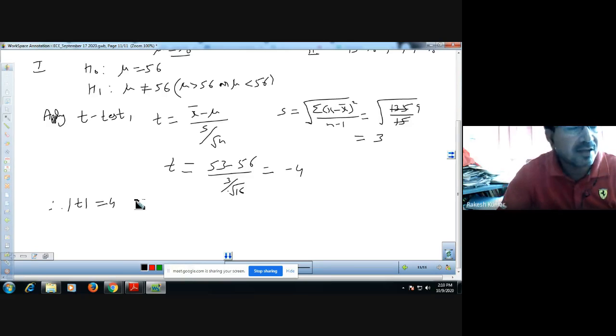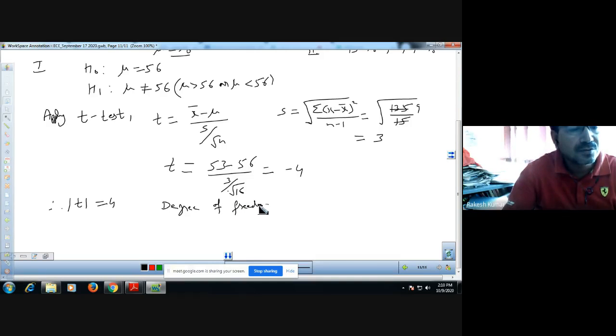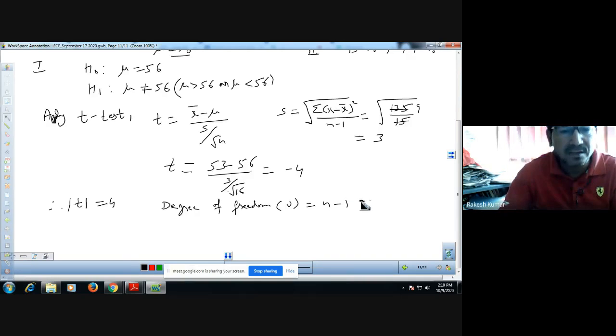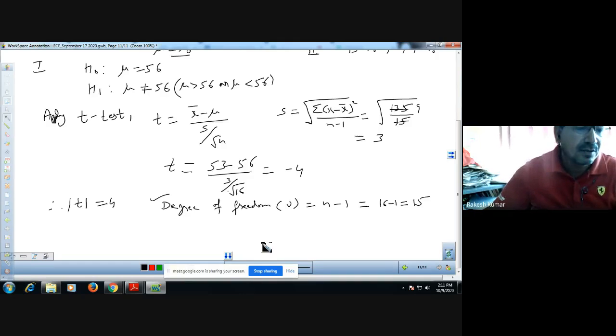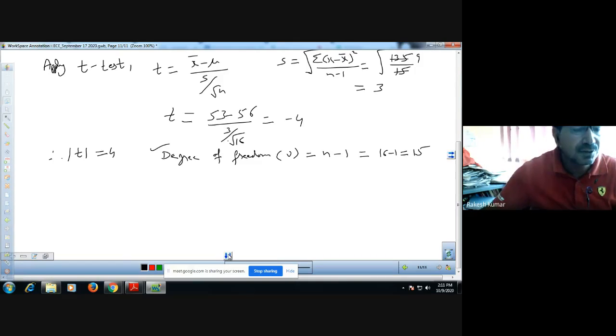we have a very important term that is the degree of freedom. This is a very important term which will be used in small samples. Degree of freedom is generally denoted by nu, and it is always equal to n minus 1. So in this case, that is 16 minus 1, which is 15. This is a very important term which we shall use in solving questions in this distribution. Now we need to find out the table value.